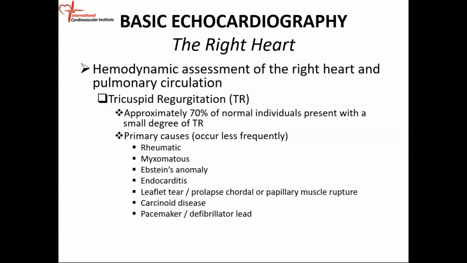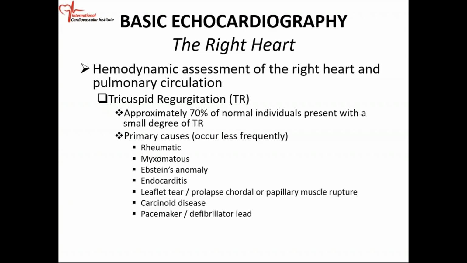Myxomatous change, similar to mitral valve prolapse, the tricuspid valve can become redundant and prolapse. Epstein anomaly, they love this because it's one of those congenital things that sometimes you can see in adults, where the septal leaflet of the tricuspid valve is apically displaced. These patients have a huge, giant right atrium and a very tiny right ventricle.